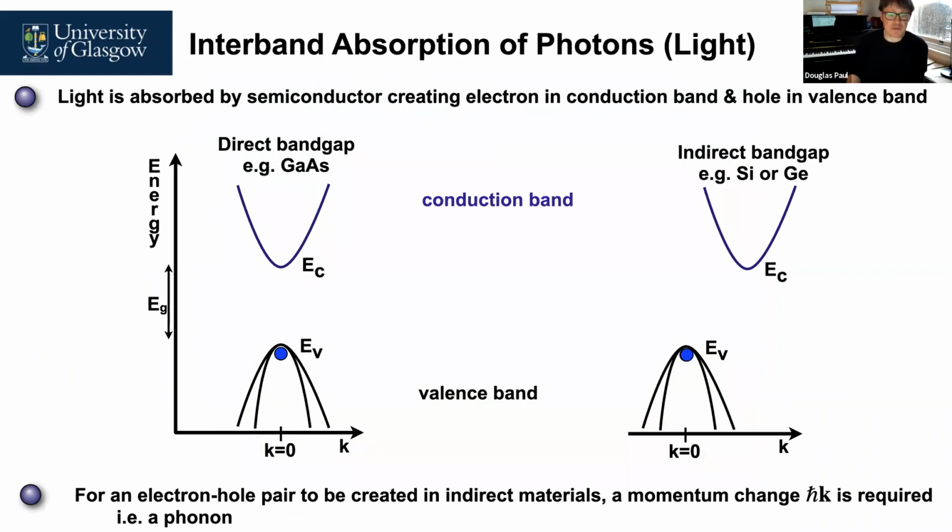Now, I'm aware that not everybody in this course will have gone into semiconductors in enormous detail. And all you need to know for this course about semiconductors is that you have a conduction band, you have a valence band, and basically the electrons fill up the valence band in a semiconductor, and there are no electrons in the conduction band normally in a semiconductor.